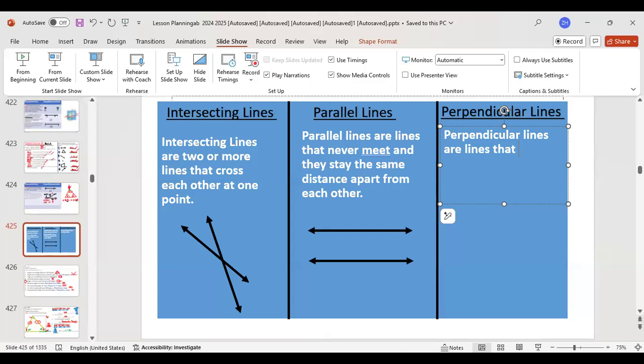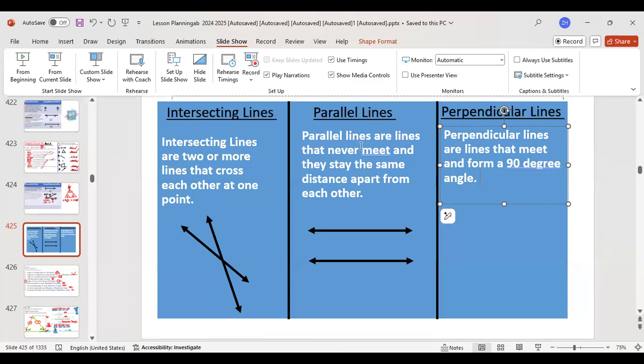That meet at 90 degrees. Very good. Lines that meet and form a 90-degree angle. Very important. So perpendicular lines are lines that meet and form a 90-degree angle.